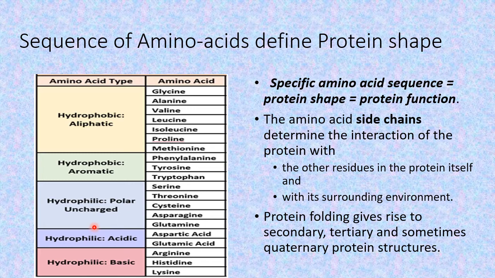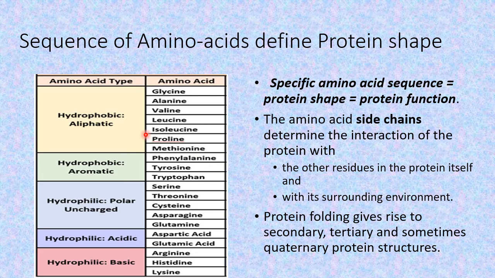Another category of hydrophilic amino acid is the basic amino acid. So they may be uncharged, acidic, or basic. All these three categories belong to the hydrophilic group, whereas the hydrophobic group may be aliphatic or aromatic.